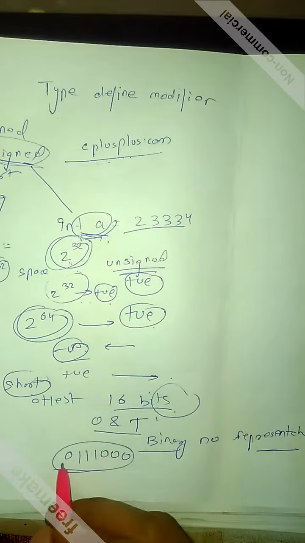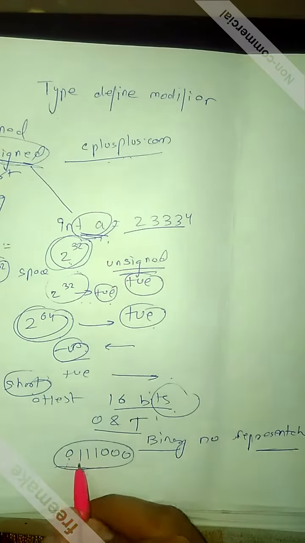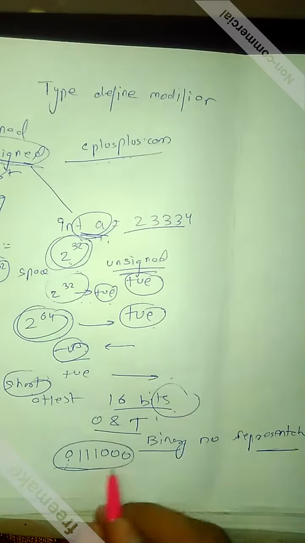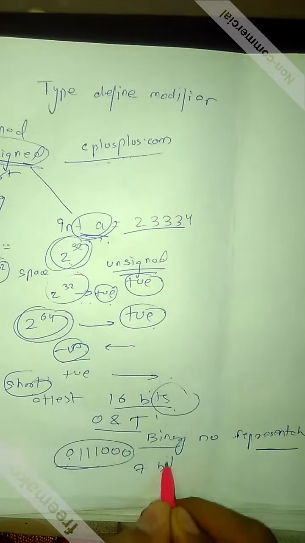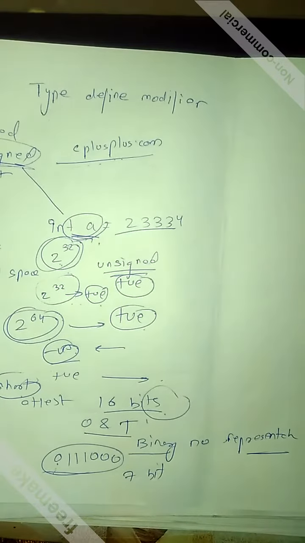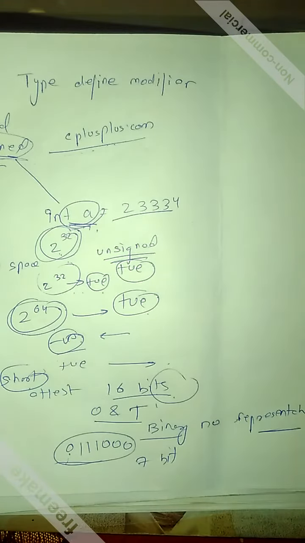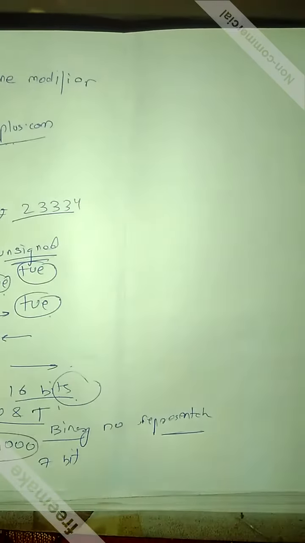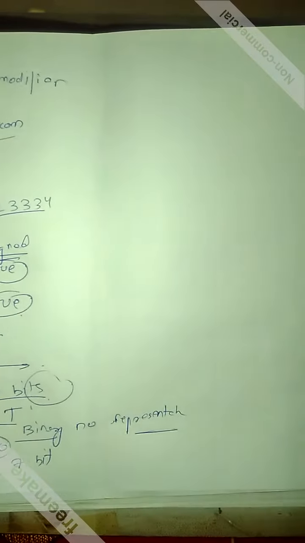These are all bits, and if we count the number of bits, 1 2 3 4 5 6 7, that means this is a 7-bit number. I will give you a quick demonstration of how to convert a number into binary, and how to convert that binary back to a decimal number. Decimal is like 2 3 4 5 7 8 9.